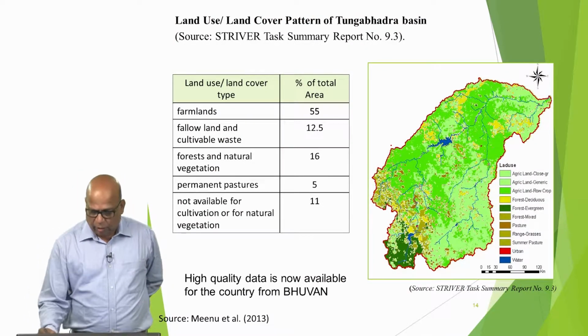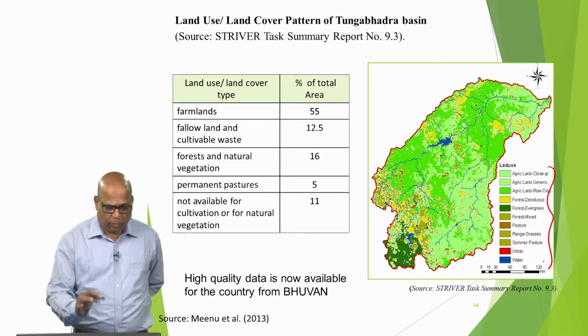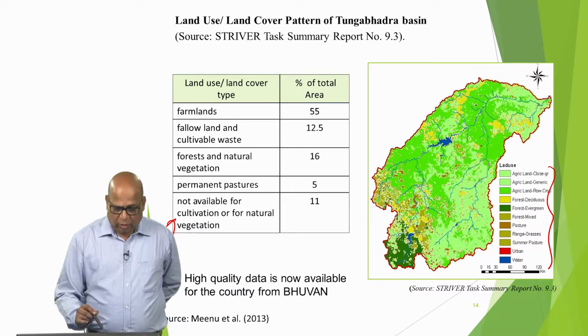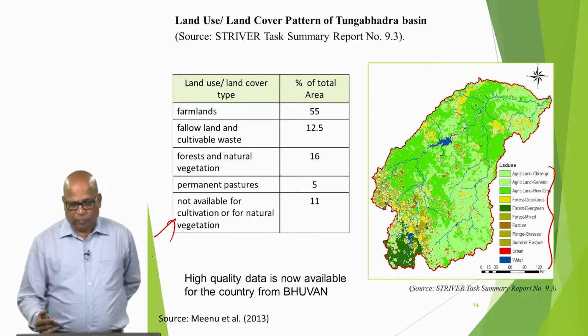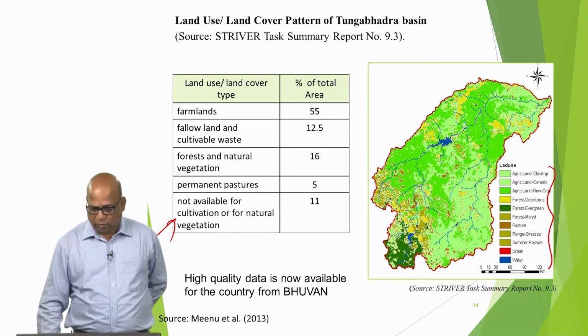Then we need the land use, land cover for that basin. For example, how much is the agricultural area, how much is the vegetated area, and so on. And there are some scrub forests, dense forests, and so on.